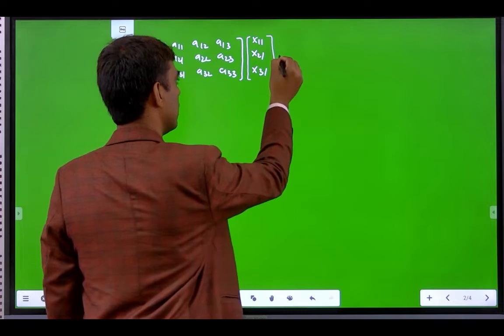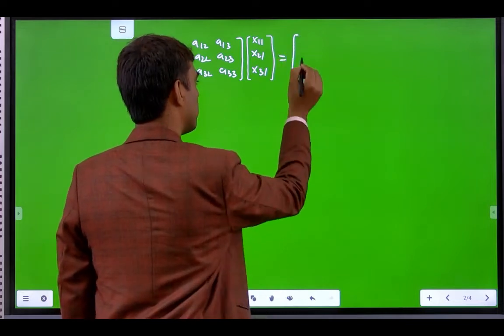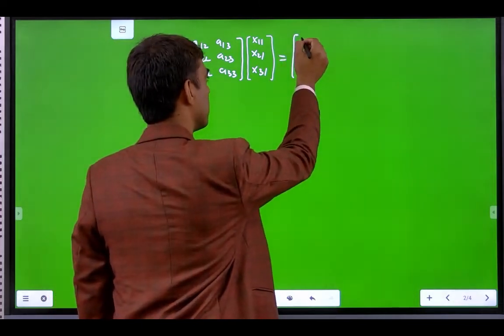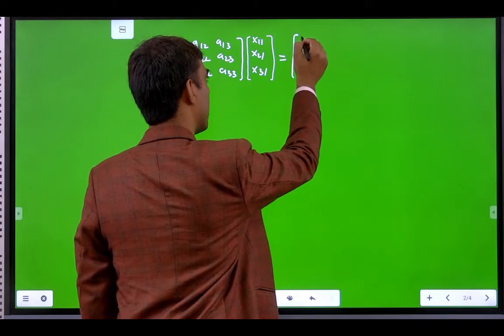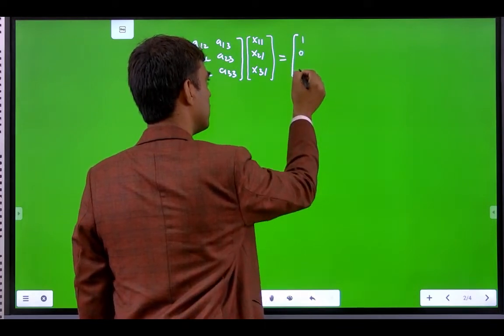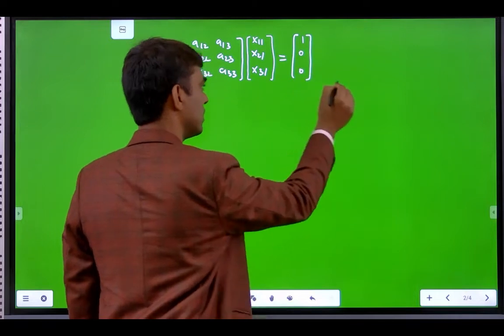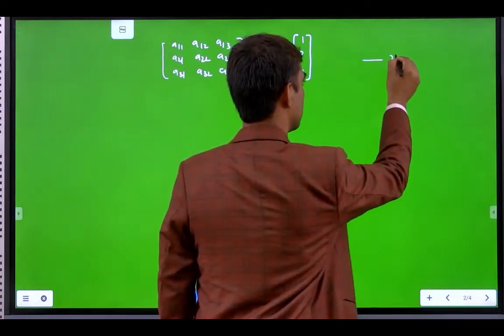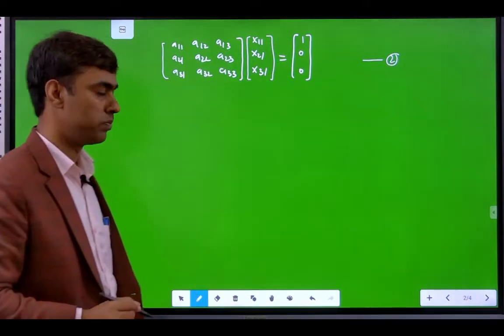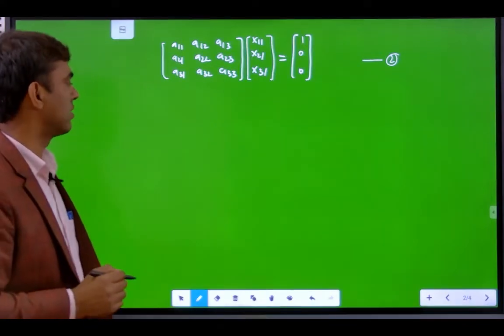This equals the first column of the identity matrix, 1, 0, 0. This is the first system of linear equations, equation number 2.